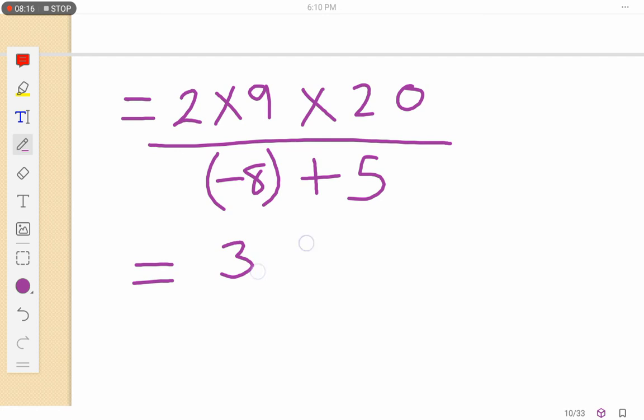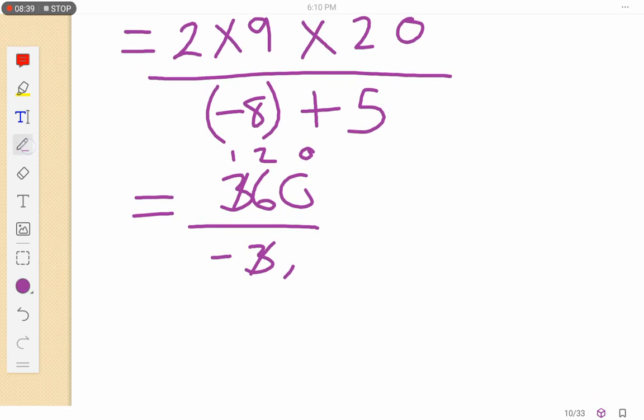So I've got 360 over minus 8 plus 5, I'll get a minus 3 there. Now I can divide: 360 over 3 gives 120. Remember the negative, so this will end up giving me minus 120. So this is the final value there.